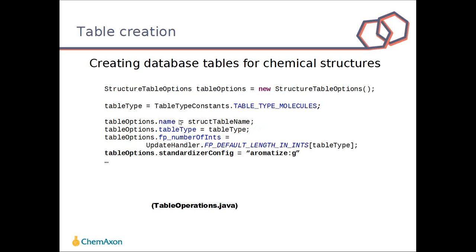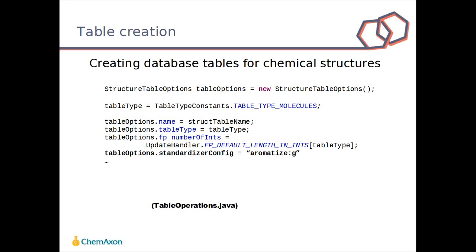You have to specify the name of the table, and you can also specify some other parameters if you want to change them from the default, like the fingerprint length and so on. You can also specify a standardization configuration. This standardization configuration is then attached to this table.